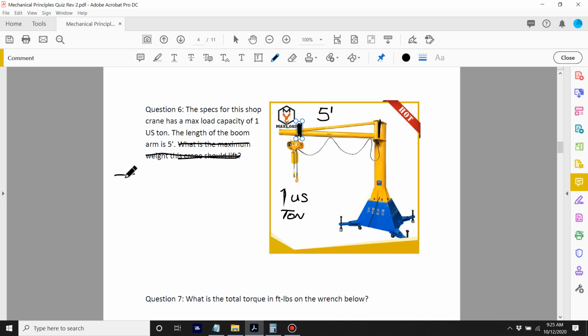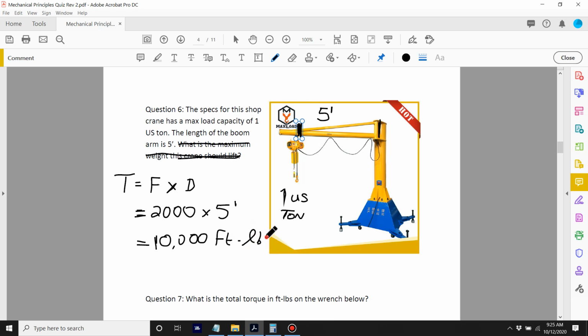The torque, T, is equal to the force times the distance, and the force is 2,000 pounds of force times 5 feet, which is equal to 10,000 foot-pounds.